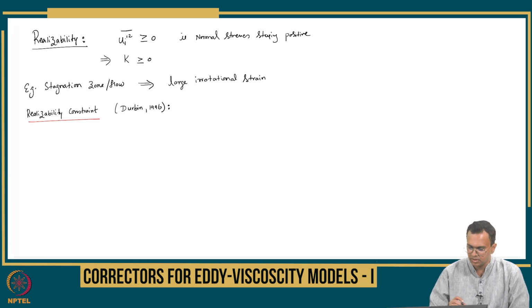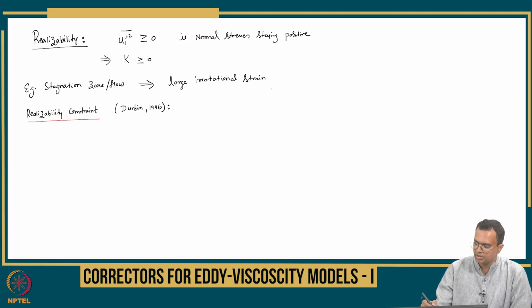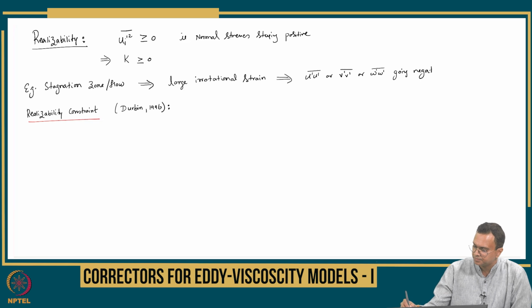The issue we have seen is that in large irrotational strain, in this kind of situation, at least one of the normal stresses, it could be u prime or v prime or w prime, goes negative. That is unphysical.